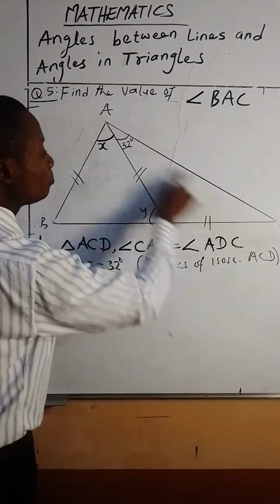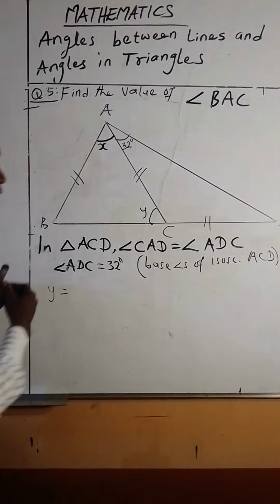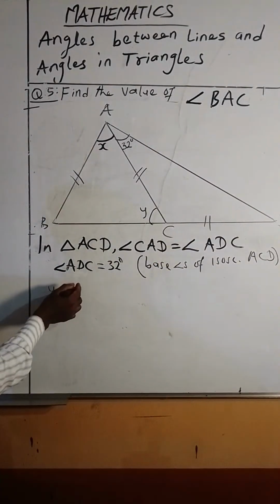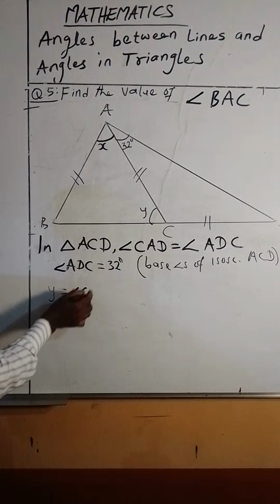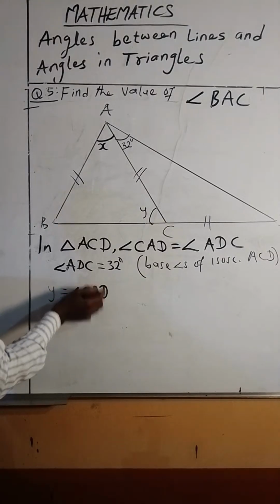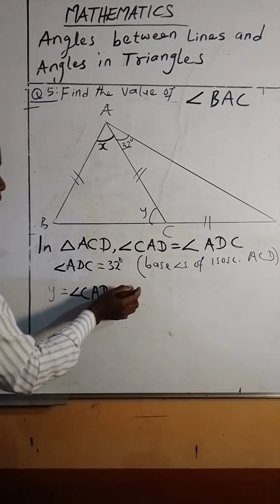These base angles, these two angles will give us Y when summed up. So Y equals angle CAD plus angle ADC.